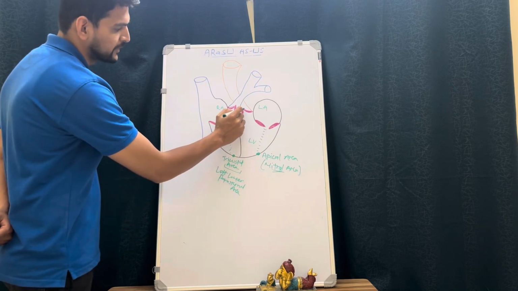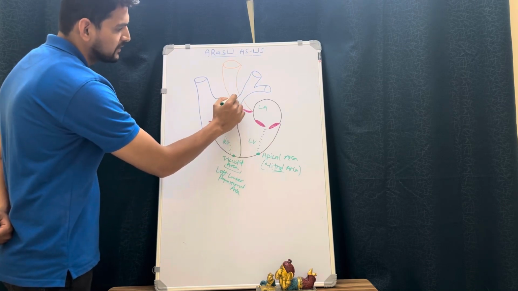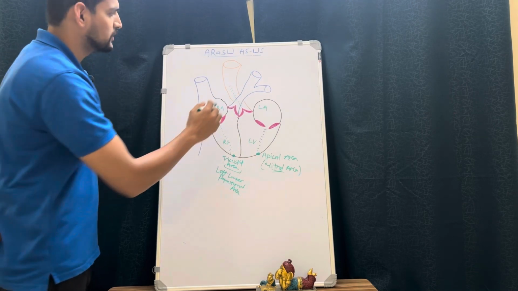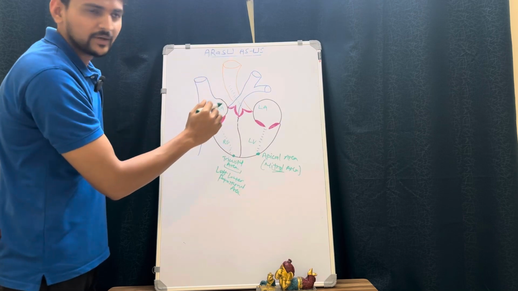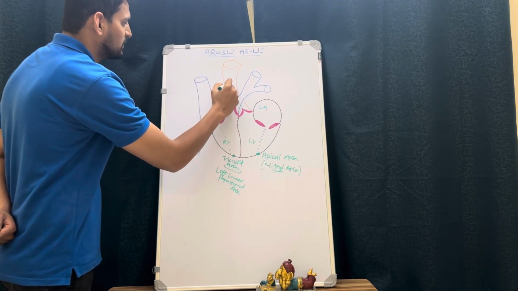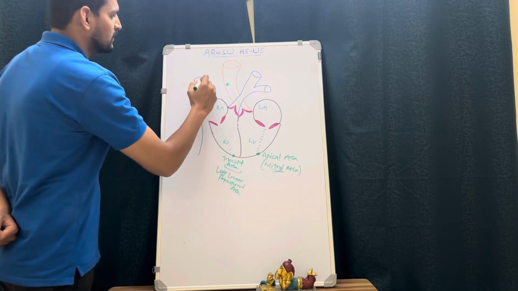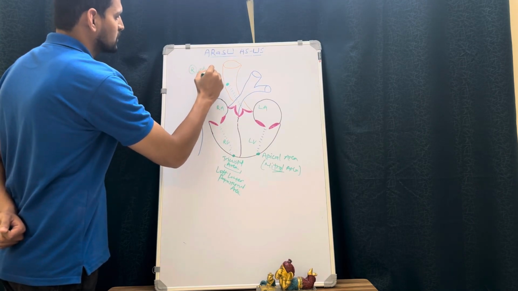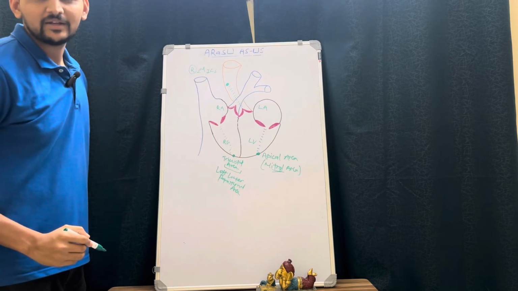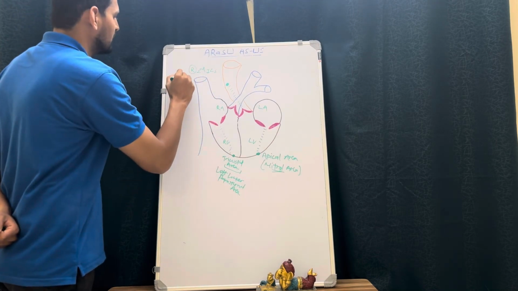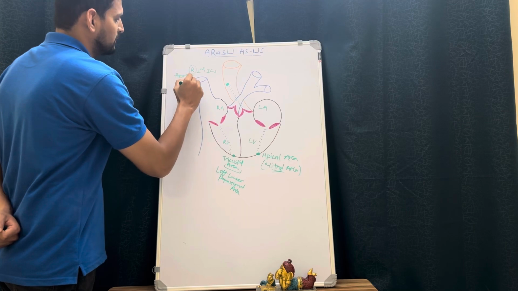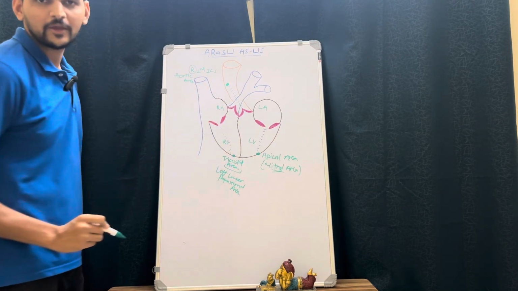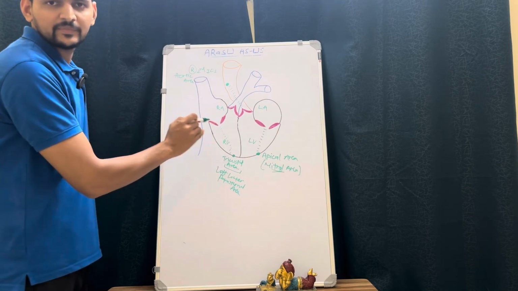Once this valve closes, again it will generate waves, and these waves will be heard better over the aorta at a surface marking which we label as the right second intercostal space, which is also called the aortic area. Again we can see that the aortic area is not exactly over the aortic valve.